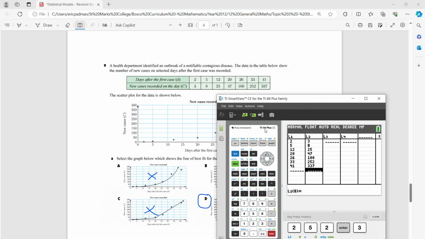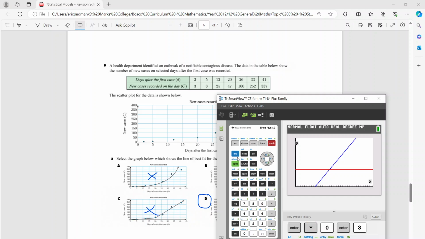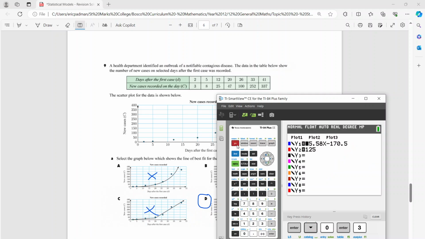Okay, boom. So let's go and stat plot that. We need to change our window. So I'm going to go 0 to 43, and I'll do 0 as well, to 350. Okay, graph that. No, I don't want that, sorry. Okay.